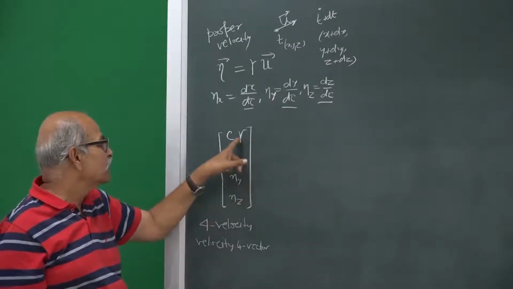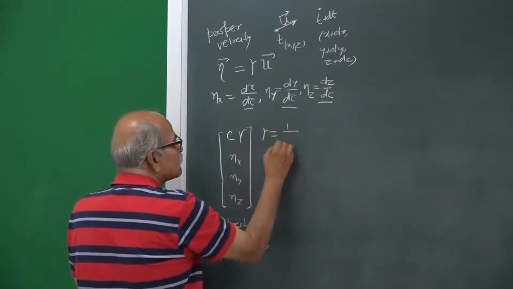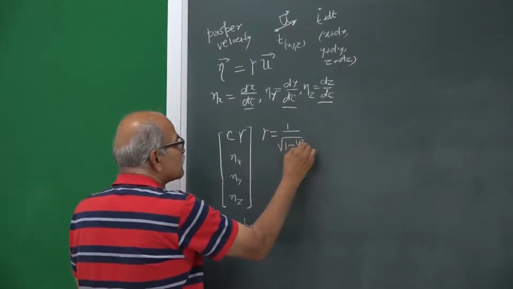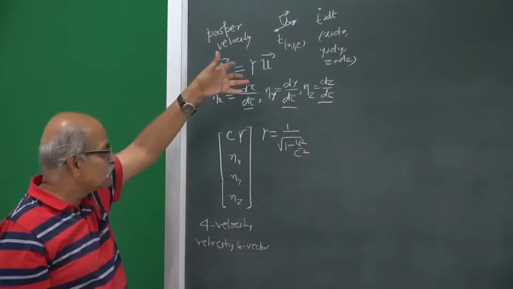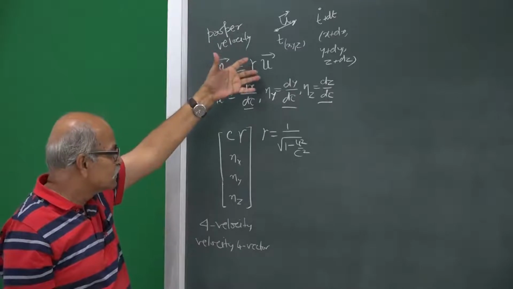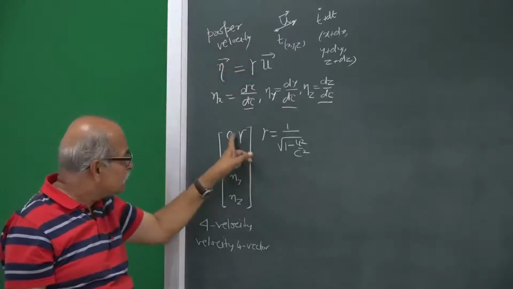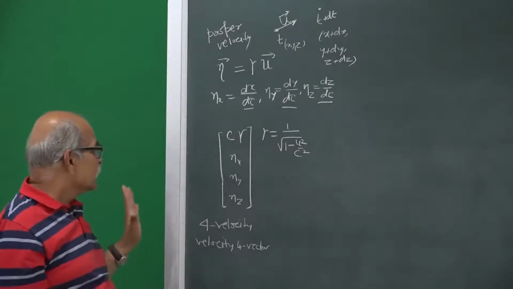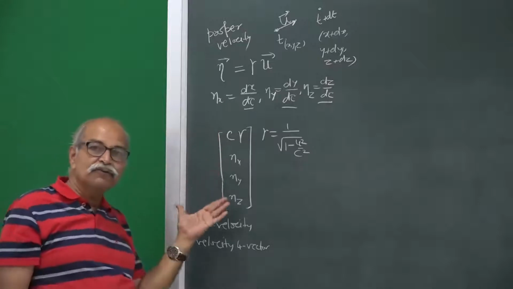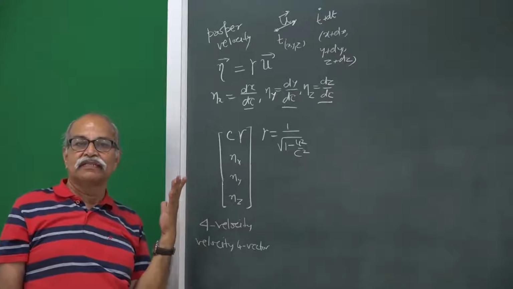And remember, what is this gamma? This is 1 by square root of 1 minus u square by c square, with the particle velocity coming in here. We will also talk in terms of frame velocities, and there also we say gamma and beta gamma and all those things. But this gamma has the particle velocity. Now, we multiply all the 4 components with the rest mass of the particle, which is again a constant.